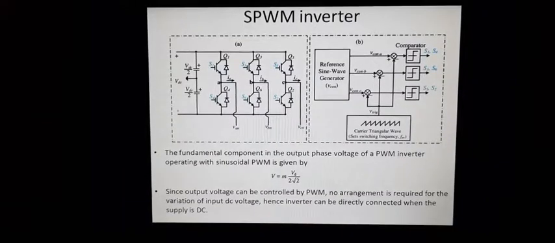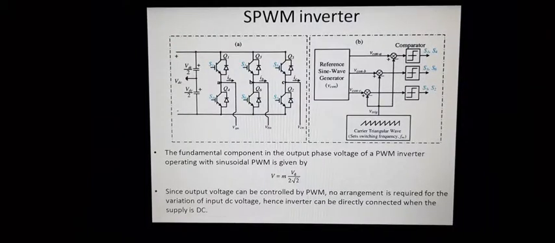The basic structure of the inverter circuit remains the same whether it's an SPWM inverter or a six-stepped wave inverter, and this is the basic structure. On the right side it is shown how the control signals for these devices are generated in the case of an SPWM inverter.